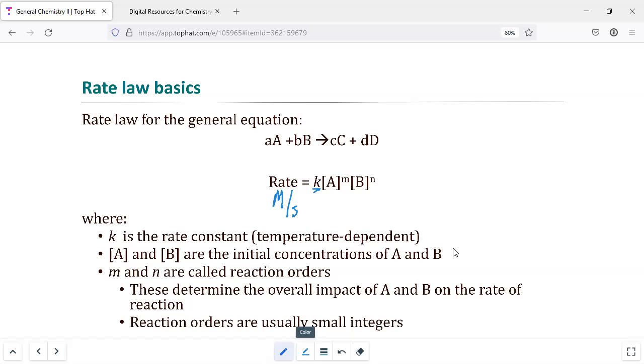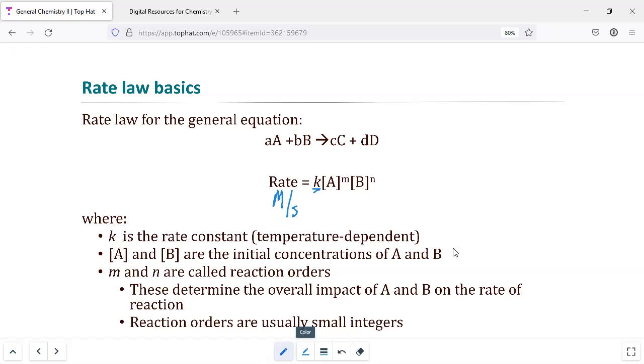For A and B, we're going to look at their initial concentrations here. So right when I mix everything together, what was the concentration of that reactant and the other reactant?